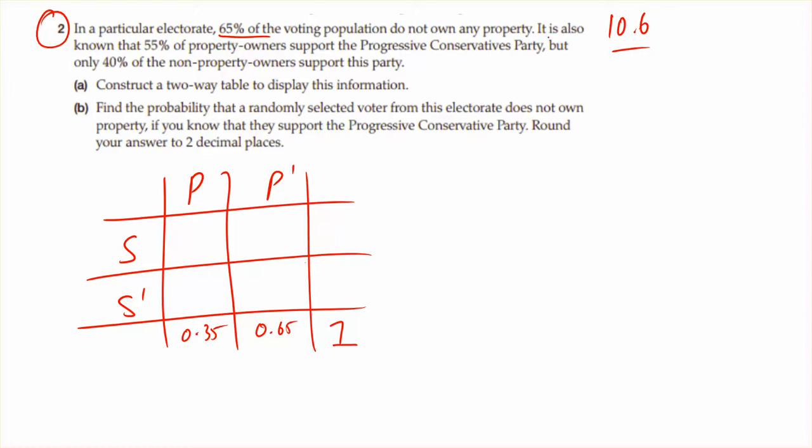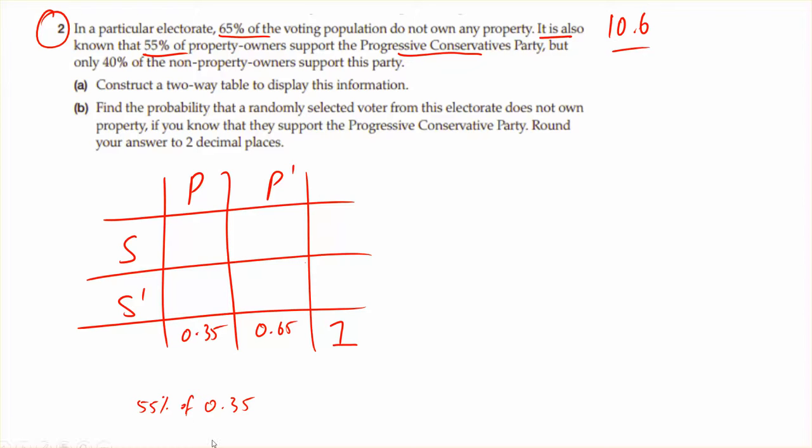We now read the rest. It is also known that 55% of the property owners support the Progressive Party. So of the people that own property, 0.35, 55% of 0.35 support the party.